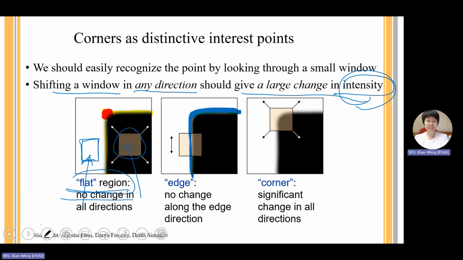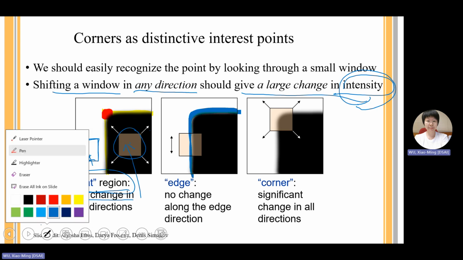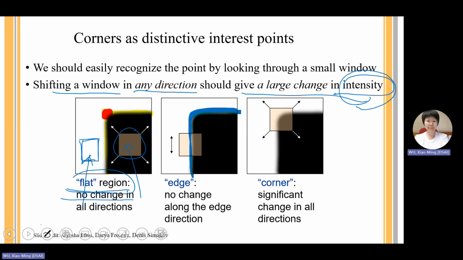If we slide this window along the vertical edge, is there any change in intensity? There's no change. The image content within the window is also the same.